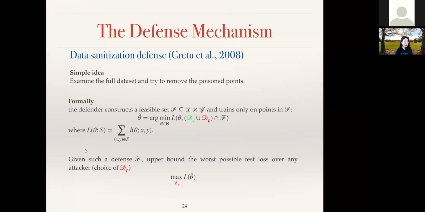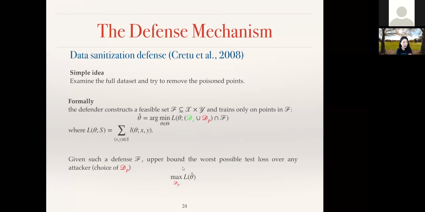All right. So now, given such a defense feasible set, the upper bound, the worst possible test loss over any attacker, is interesting for us to understand the performance of this feasible set. You can also call this a defense, because a defender is going to use the feasible set to defend. Very importantly, this is a certified defense.